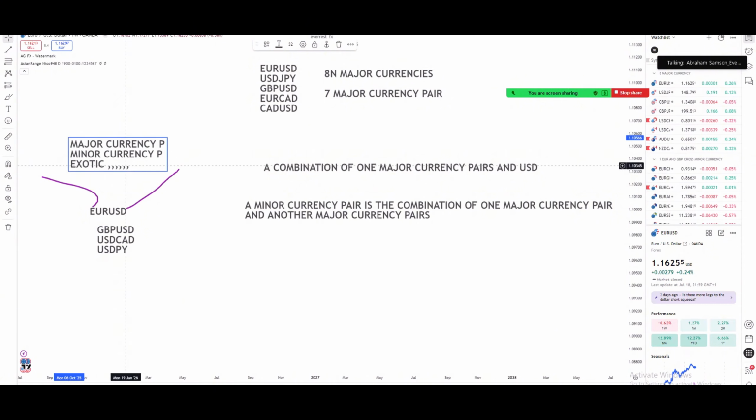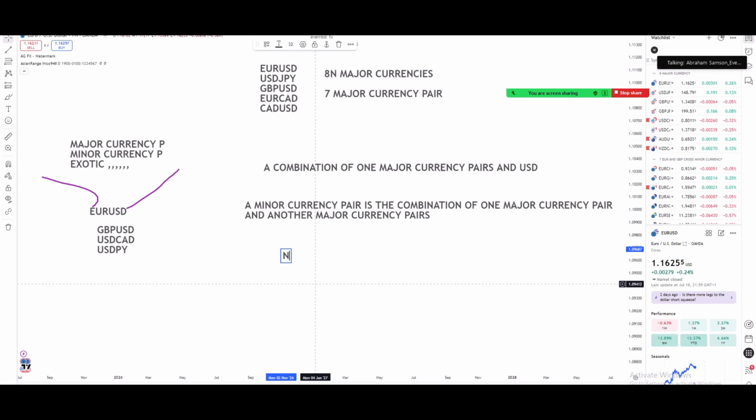Now, exotic currency pairs. Exotic currency pairs are currencies from developing countries, not just developing countries, but currencies that are new in the market, currencies that are coming into the market newly. An example of an exotic currency is the Nigerian naira.